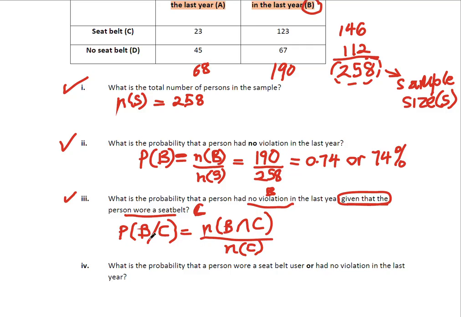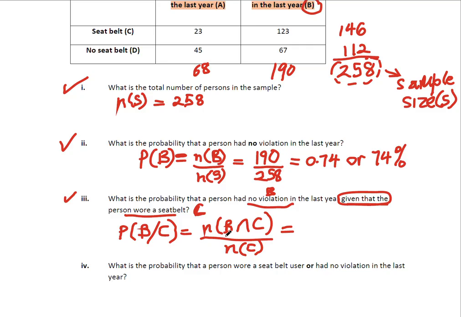The probability of B given C would be equal to the number of observations in B and C, all divided by the number of observations in the event that is relied on, which is C. So the numerator, the number of observations in B and C, is the number of persons who had no violations and also wore a seatbelt. That's what the numerator of the equation is saying.